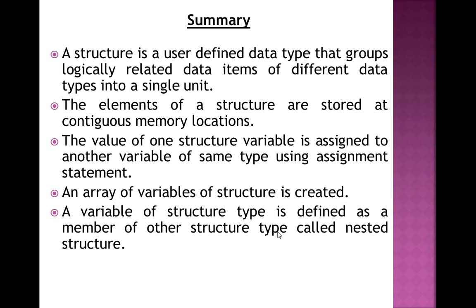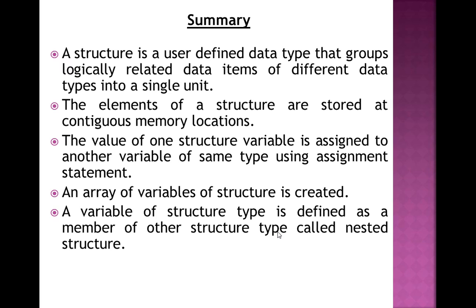The next point says the value of a structure variable can be assigned to another variable of the same type. We can assign the value of one structure variable to another variable, but the condition is that it must be of the same type, using the assignment operator. What is the assignment operator? That is equals to.